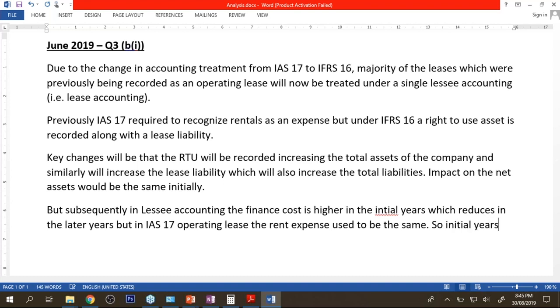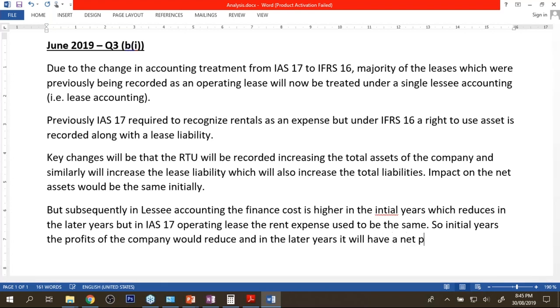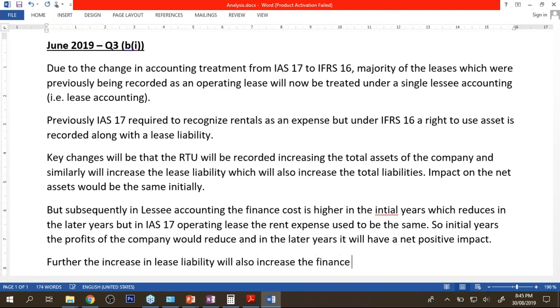So in the initial years, the profits of the company would reduce, and in the later years, it will have a net positive impact. Further, the increase in lease liability will also increase the finance cost of the company significantly.